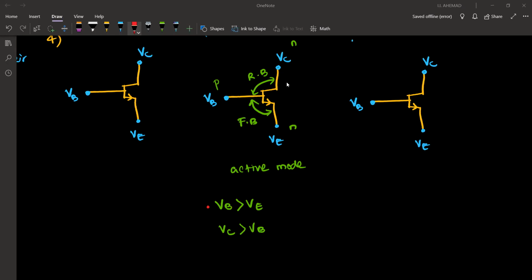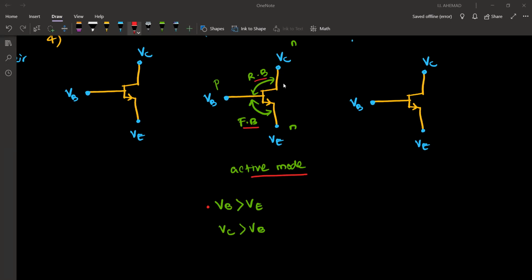Okay, here, first of all, for active mode, we should have the VBE region forward biased and the VBC region reverse biased. Is that clear? Is that part clear? To have active mode. Okay.